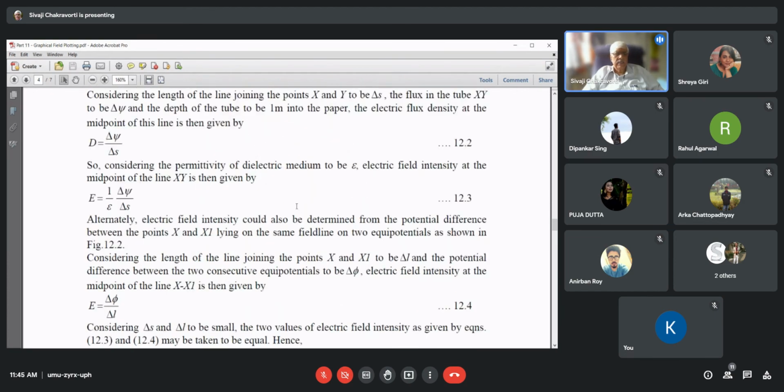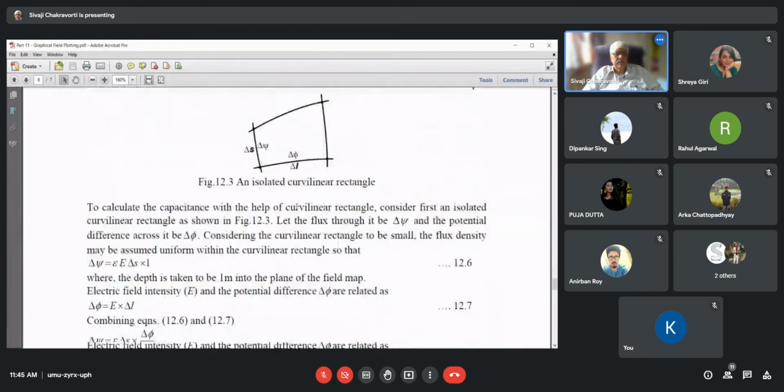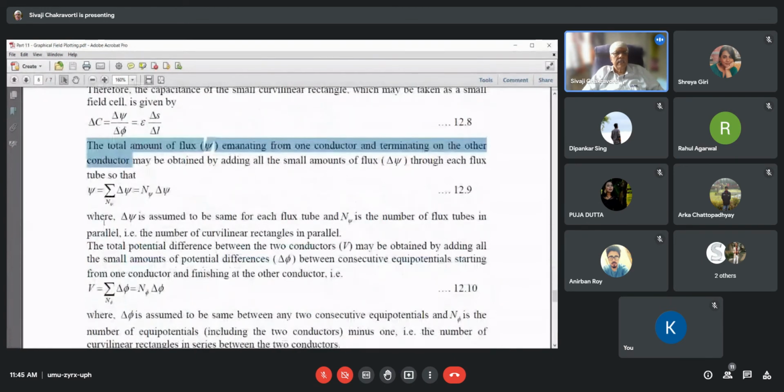So that's what is written here. Here, for the total flux, I just sum up the del psi of one particular curvilinear rectangle and then add up how many such curvilinear rectangles complete this entire equipotential.